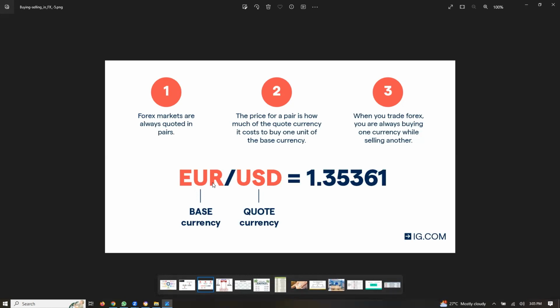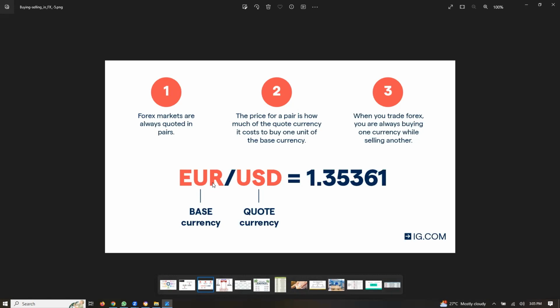Sell the euro. So when you sell the euro, you are now buying the USD, which means you expect the exchange rate, which is 1.35361, to reduce. That's what you are telling your broker or the forex market. You believe that the 1.35361 exchange rate will reduce more, which means the dollar is going to gain strength and be stronger than the euro. So at that point, you are going to release euro and hold dollar, which means you are going to sell.